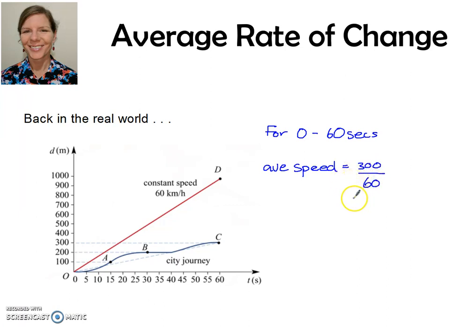And if you work that out, that's 5 metres per second. Or to convert to kilometres per hour, remember you can multiply by 3.6. You should know that from your physics. Okay, and that gives you 18 kilometres per hour, significantly slower than 60 k's an hour. So that's our average speed over that time.